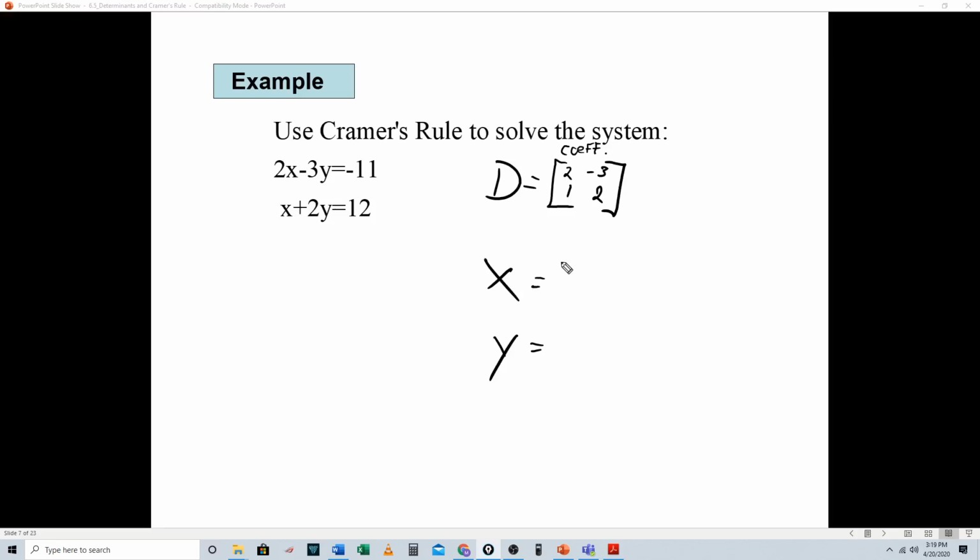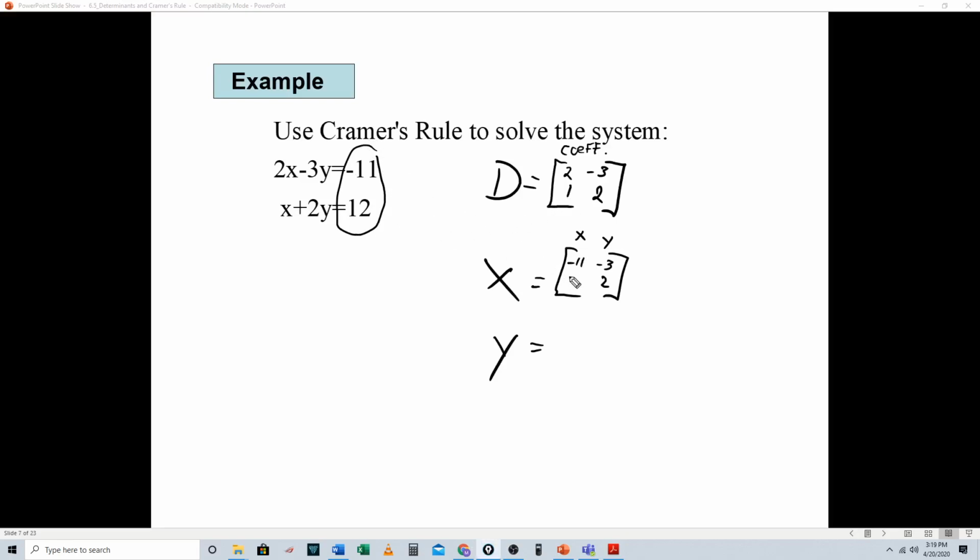Now, what matrix X is going to do is, remember, we're going to take matrix D, so 2, negative 3, 1, 2. Don't write this down until you see what I'm doing. So you have your coefficients of X, your coefficients of Y. Matrix X replaces the coefficients of X with the solutions. So instead of 2, we're going to have negative 11.